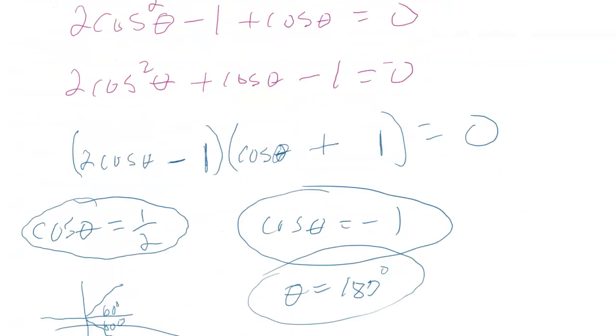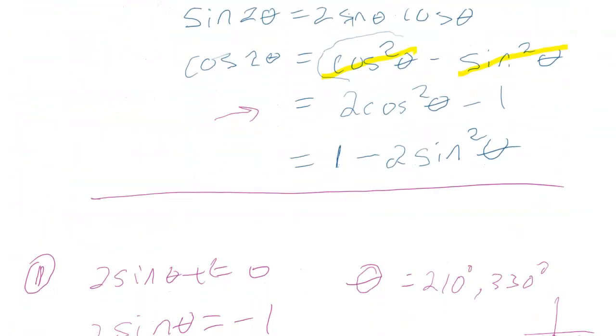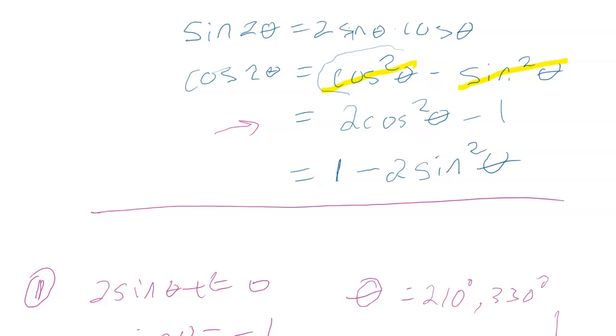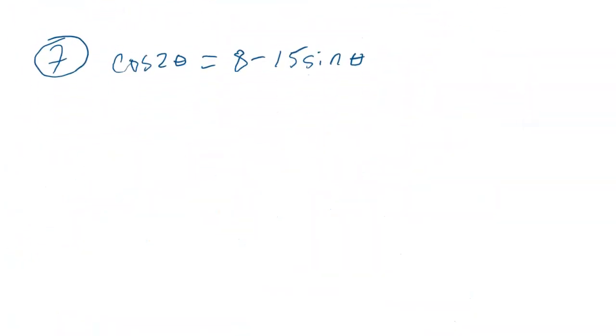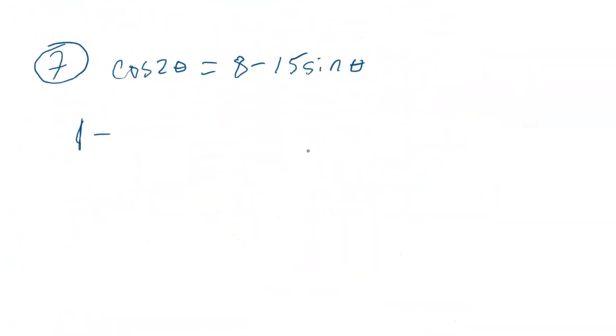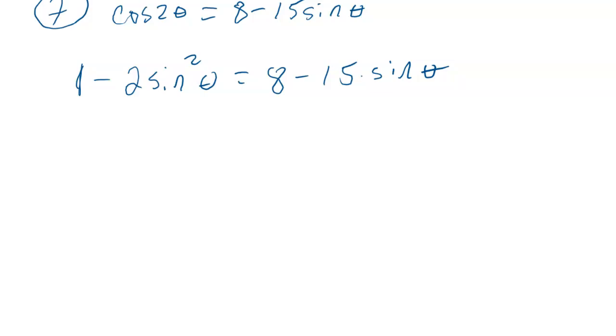We can go back up to our lovely double angle formulas, and this third one would work really well for us. So I'm going to say cosine 2 theta is equal to 1 minus 2 sine squared theta, and this is equal to 8 minus 15 times sine theta. And now everything's in terms of sine.